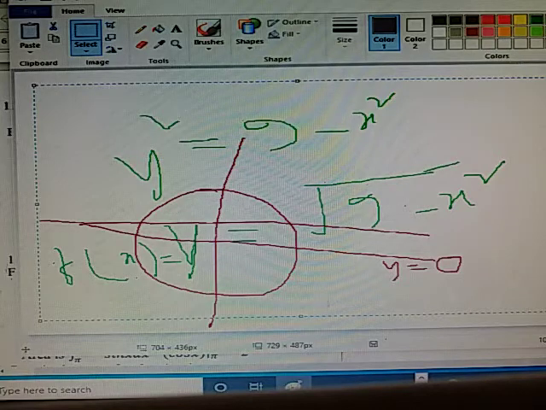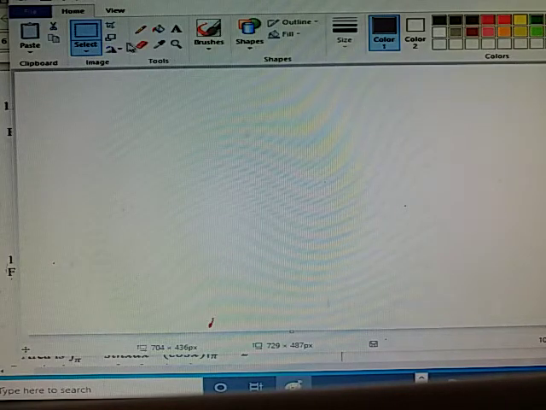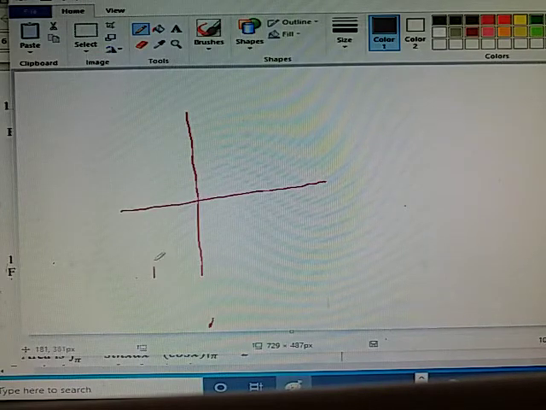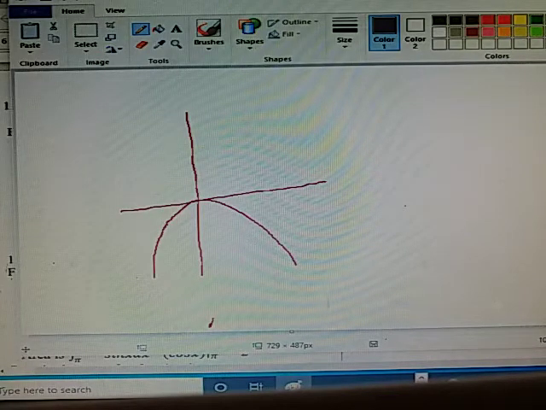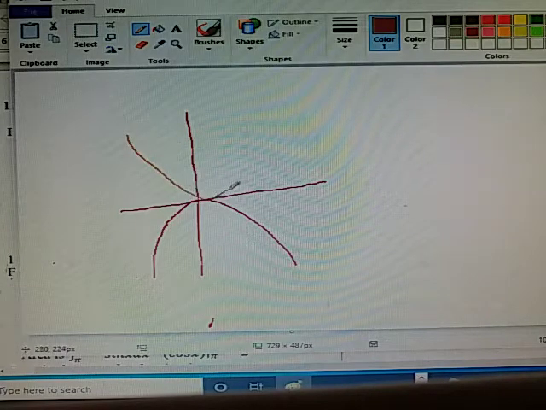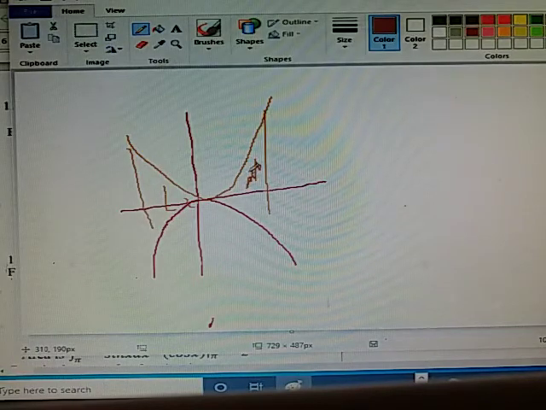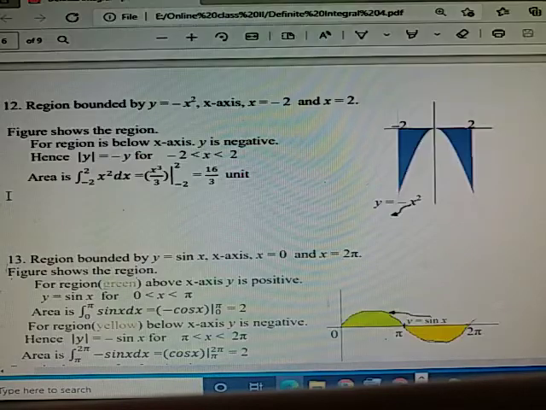We are considering the curve, so this is our curve. We are considering its reflection on the x-axis. So it is x square, then it is this value. So this one is an inverted parabola.